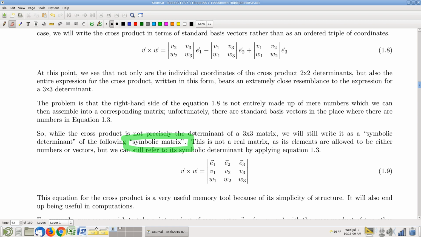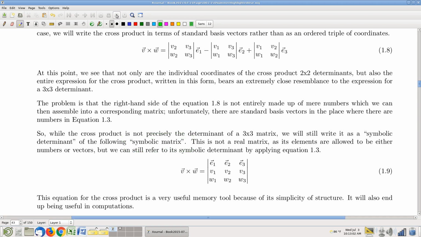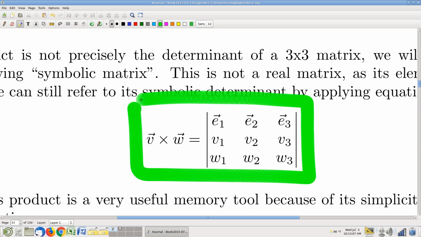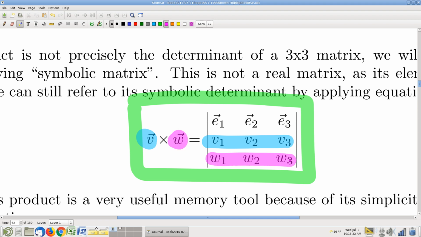What I want y'all to do with this formula is to use this as a memory tool. This is a fantastic memory tool. This is how I, for my entire life, have memorized the formula for the cross product. The cross product is what you get when you take the first vector, put it there, you take the second vector, and you put it there.